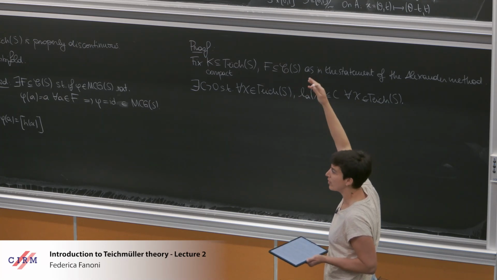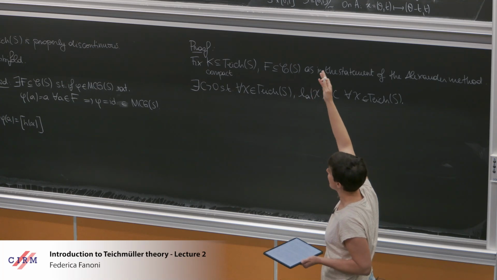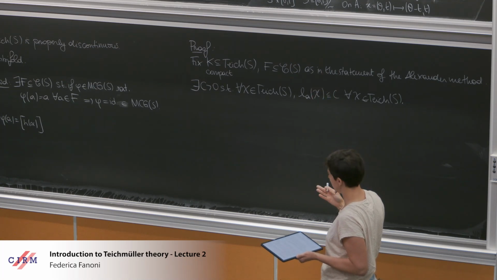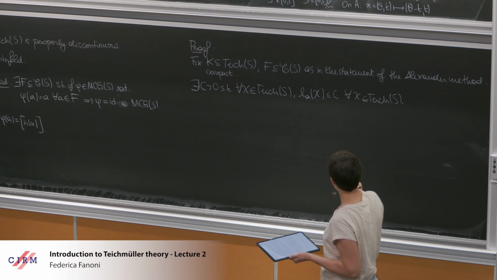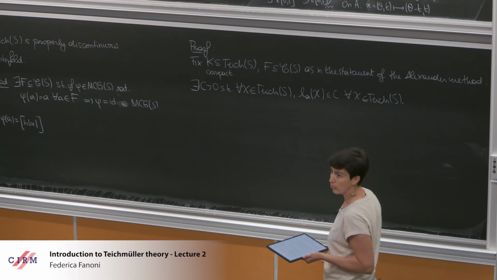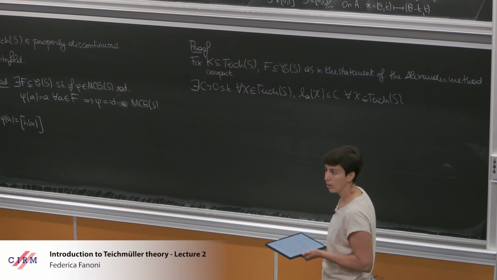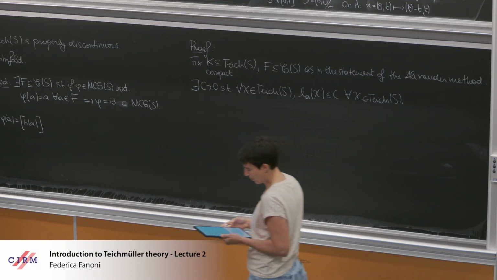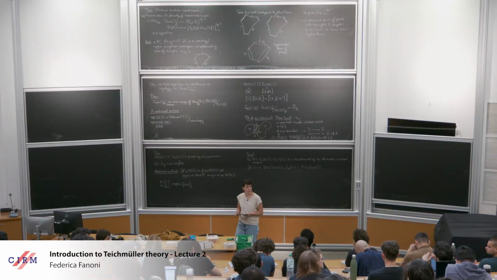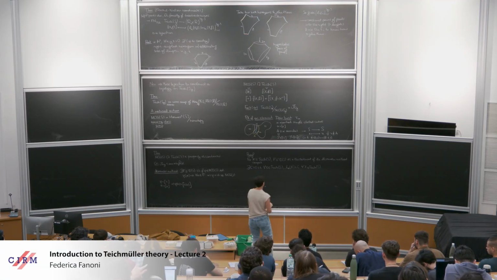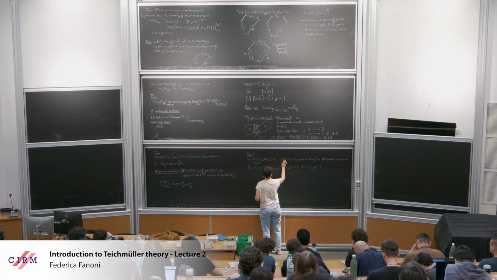And the other thing you can think about is that if you have any curve, you can complete that to a Pants decomposition. So this tells you that the length function of any simple closed curve is a continuous function, and we are on a compact, so there's an upper bound. Yes, in K. Thanks. No, otherwise it's very false.